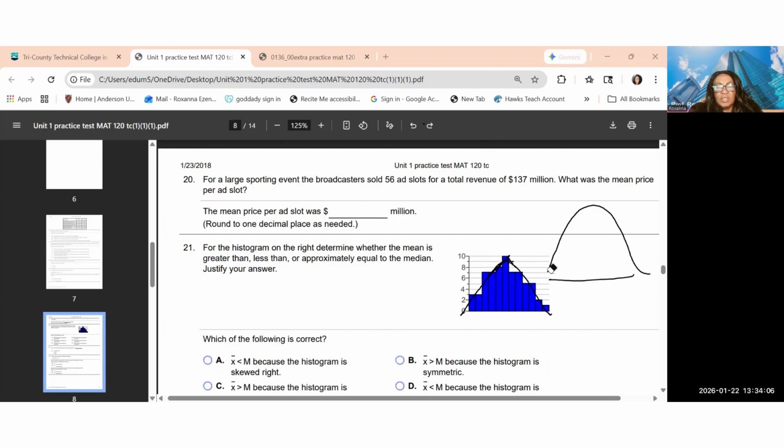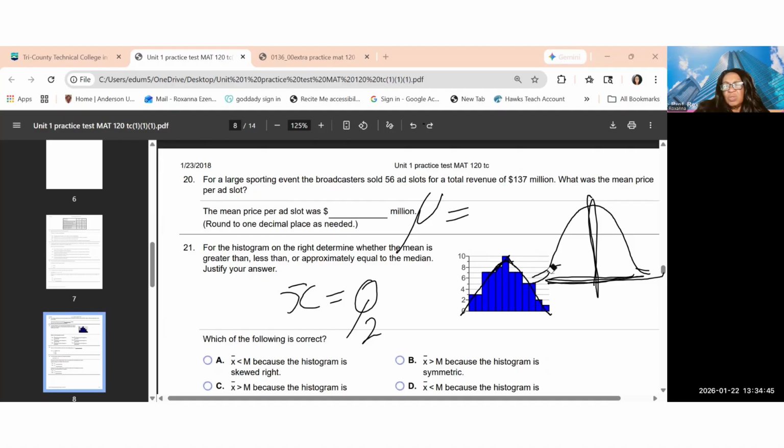What's the question? For the histogram on the right, determine whether the mean is greater than, less than, or approximately equal to the median. So I will say that the mean is equal to the median. Why? Because the data looks approximately normal. This is an approximation. So mean is equal to the median, assuming it's a sample. If it's a population, then I can still say mu is equal to the median.